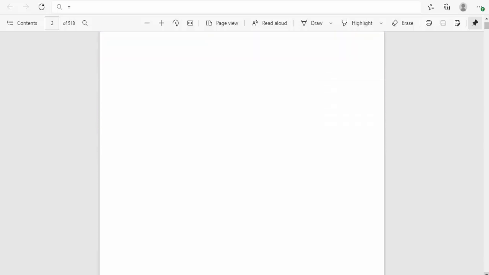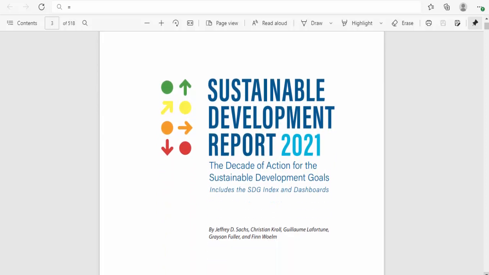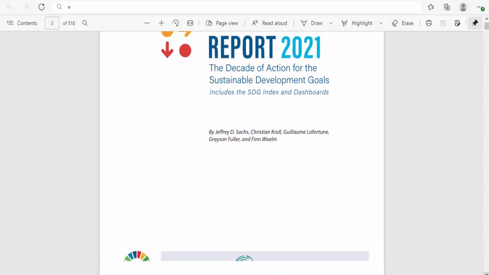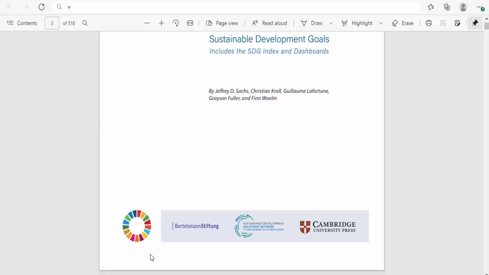Now, I don't know why it's Cambridge this time, because I should have seen something done by the United Nations themselves. But apparently, this year it looks like Cambridge is spearheading this, and these are the partners which are here. You've got the Cambridge University Press and these other guys.